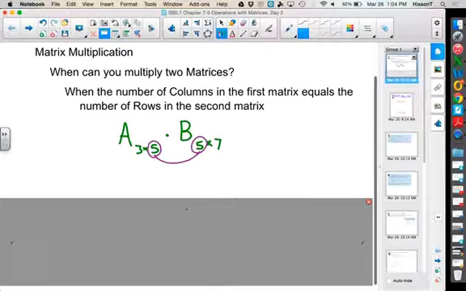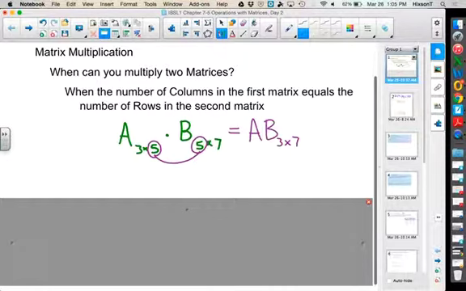Now, when you do this, the result, AB, you want to take a stab at what the result might be? What kind of a matrix might it be? Yeah, it's going to be a 3 by 7 matrix. So, the easiest way to do this is to actually write the dimensions of the matrices in your problem.